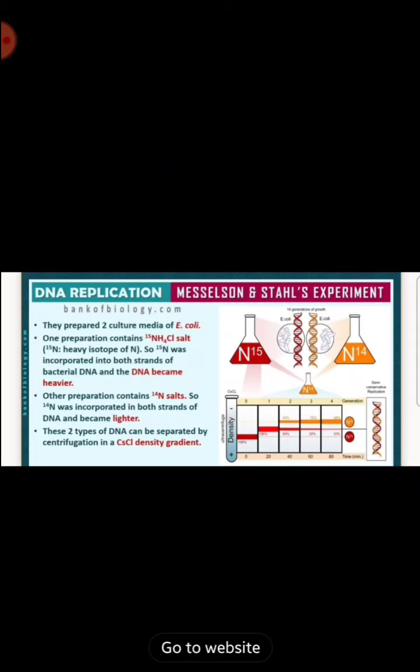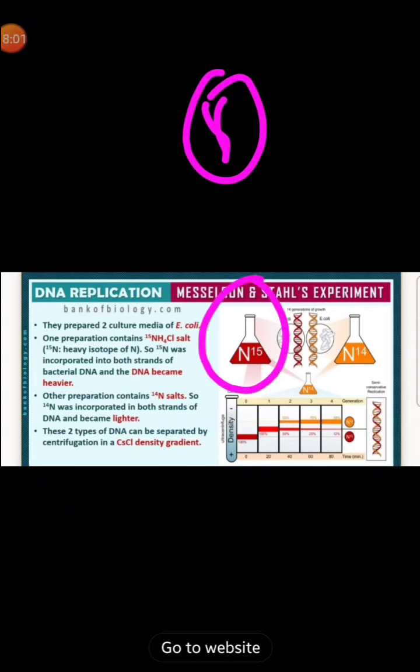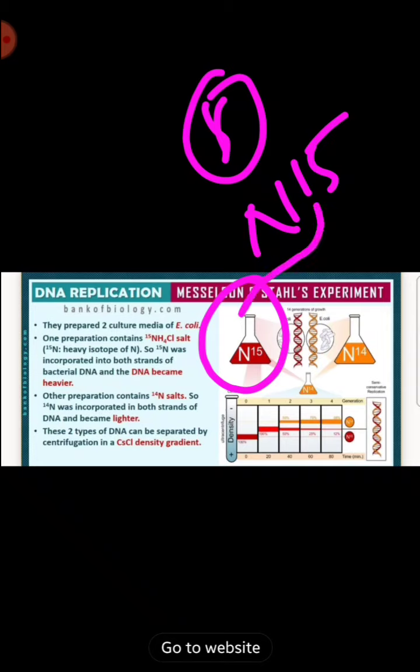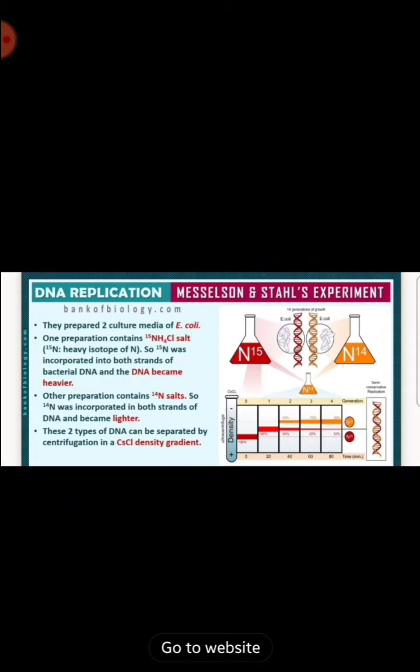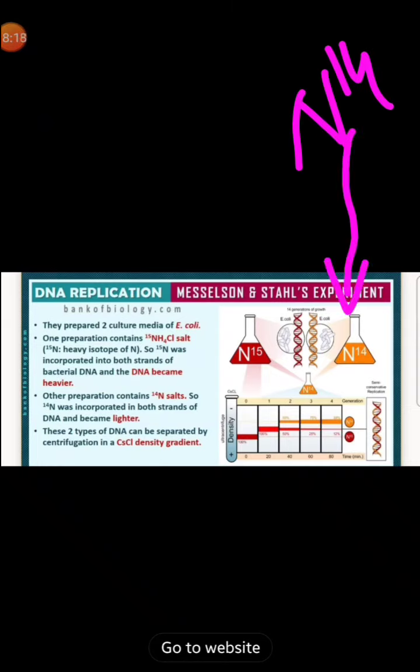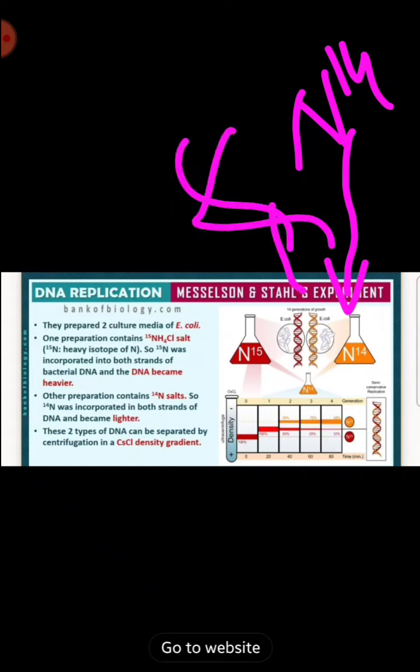The main character of N14 and N15 is that since N15 is the heavy isotope, the DNA in this bacterial culture will be heavy, and since N14 is a lighter isotope, the DNA in this bacteria will be lighter.